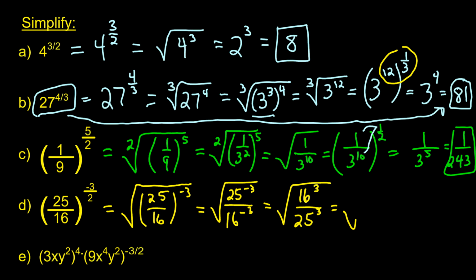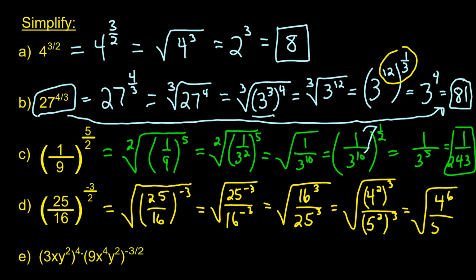And so this is going to be the square root of 4 squared, because 16 is 4 squared, to the 3rd, and 25 is 5 squared, and then to the 3rd. And so this ends up being the square root of 4 squared to the 3rd is 4 to the 6th, and this would be 5 to the 6th.